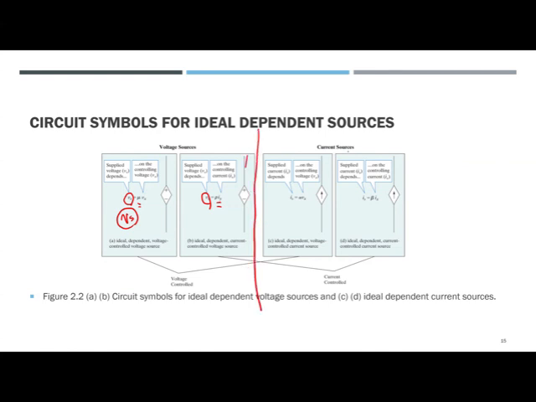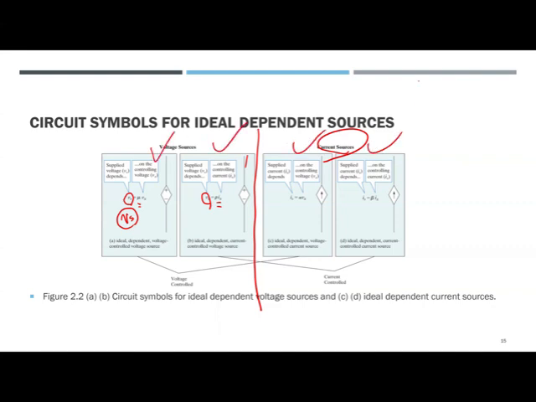And then in here, the current source, I sub S is equal to alpha times V sub X. V sub X is the controlling voltage, alpha is the gain, but that was source current, okay? The last one, beta I sub X is equal to I sub S. The beta was the gain for the current source controlling the current I sub X. So that was the fourth one, okay?